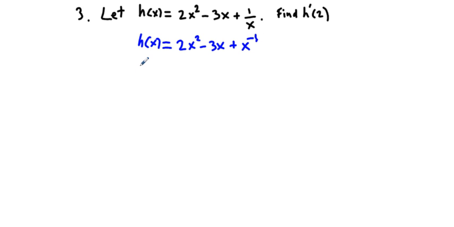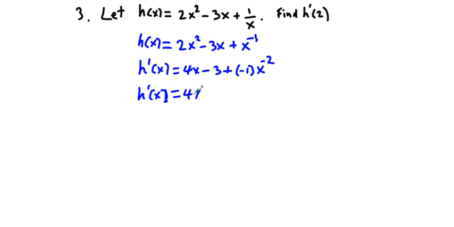Next, we find h prime of x, which is 4x minus 3 plus, multiplying, negative 1 times x to the negative 1 minus 1, so x to the negative 2 power. So h prime of x is 4x minus 3 minus 1 over x squared.